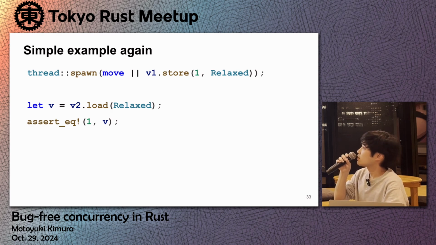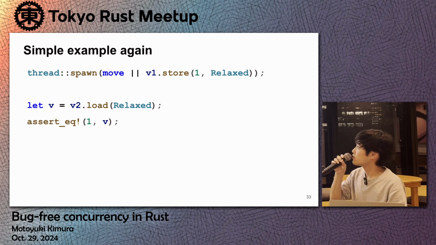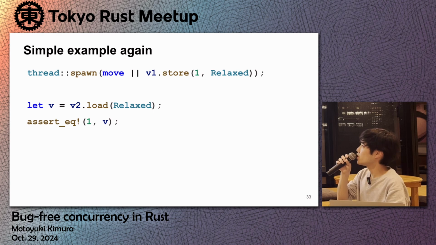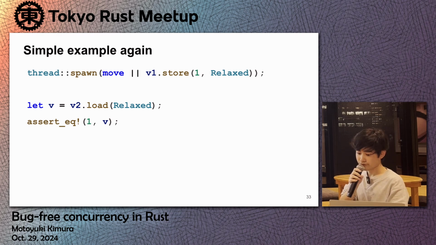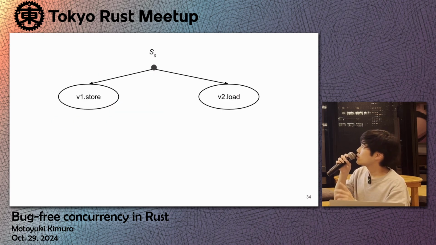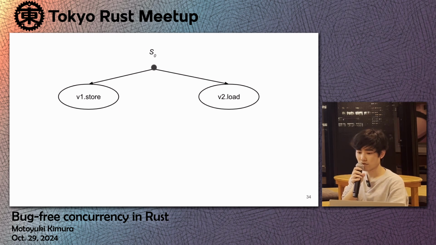Let's see this simple program, which is almost the same example as I showed in the previous demo. I changed it slightly, and picked the most important part, which is that multiple threads are involved. This is a diagram that represents the state and transition concept for the previous program. Let's say we have an initial state S0, where nothing has happened.